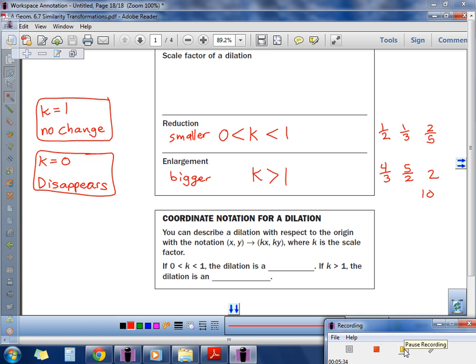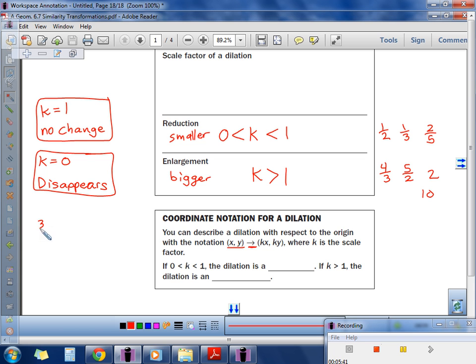Up next, we briefly talk about coordinate notation for a dilation. All it says is you take a point, and this is telling you that it's being dilated or being changed, and it becomes a different coordinate now when you multiply by k. So I'm taking x and multiplying by k. I'm taking y and multiplying by k. Here's an example.